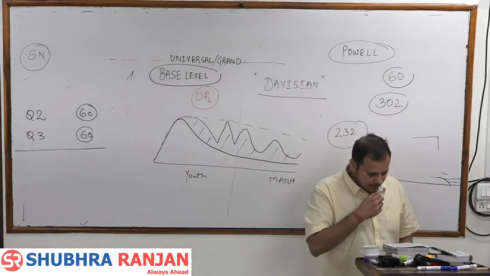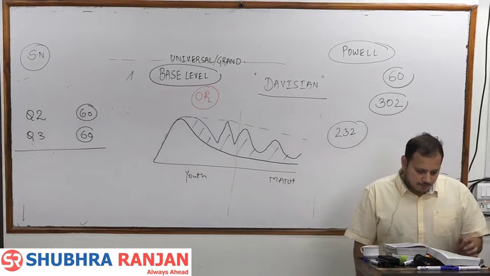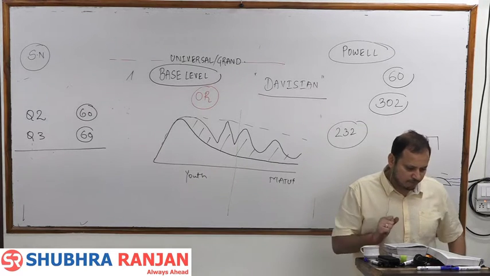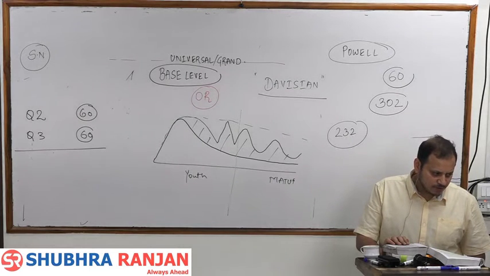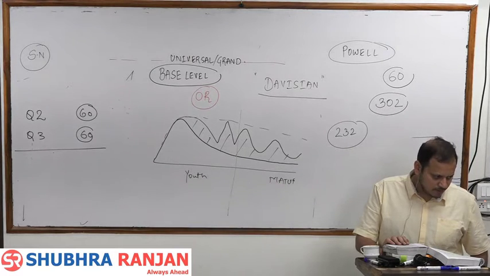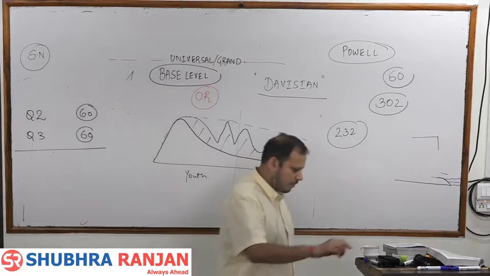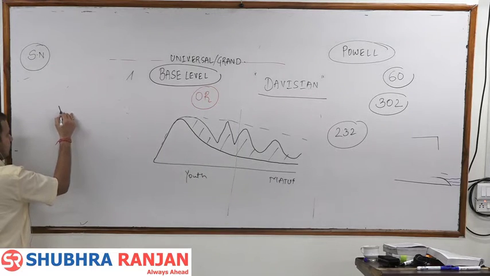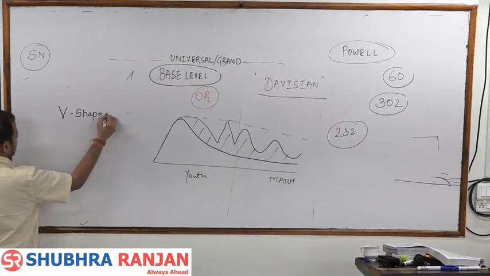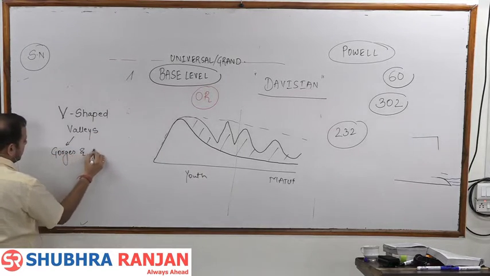In the youthful stage, the landform is steep and hence erosion dominates, resulting into formation of features such as deep and narrow V-shaped valleys such as gorges and canyons.